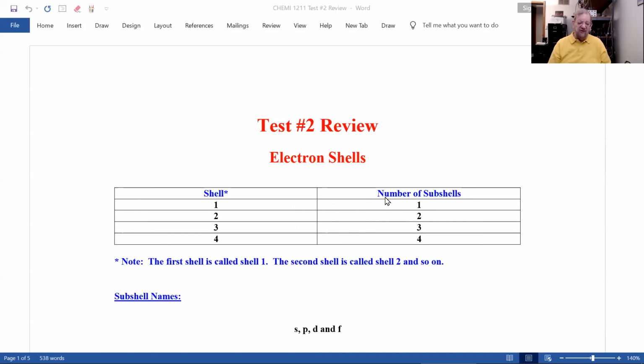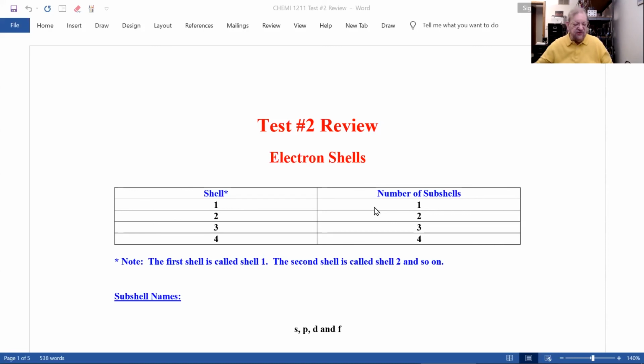A subshell, which I'll never ask you what's a shell or subshell on a test, is an area in a shell where all electrons have the same amount of energy and are the same distance from the nucleus. Shell 1 has 1 subshell.